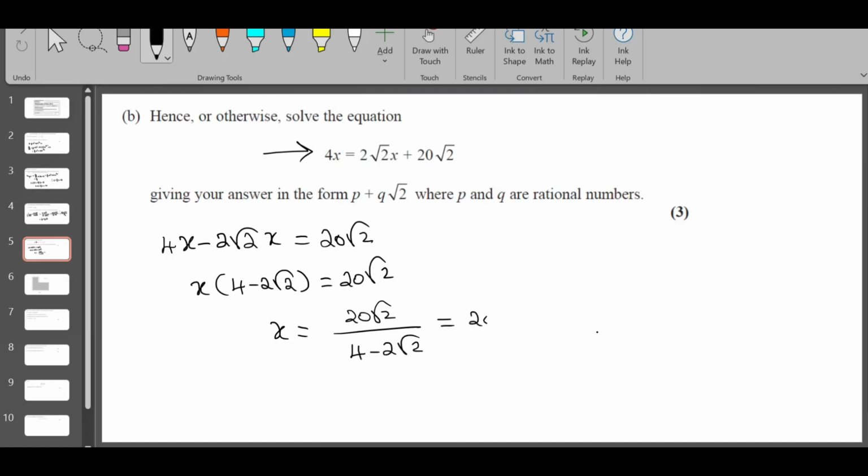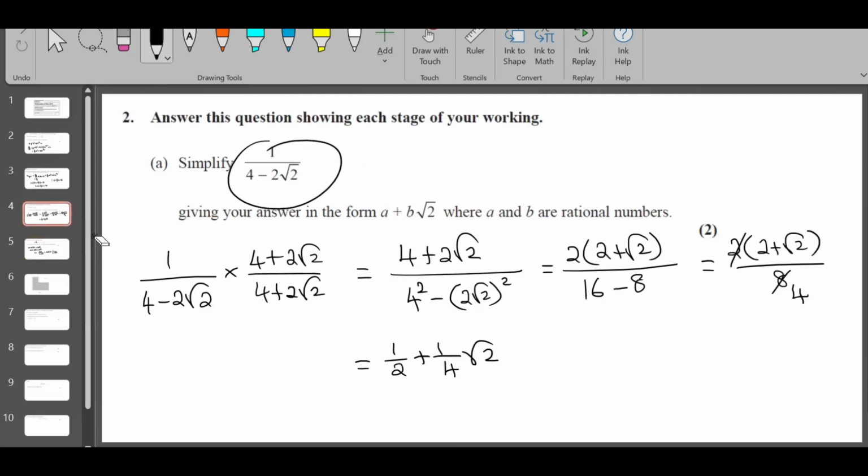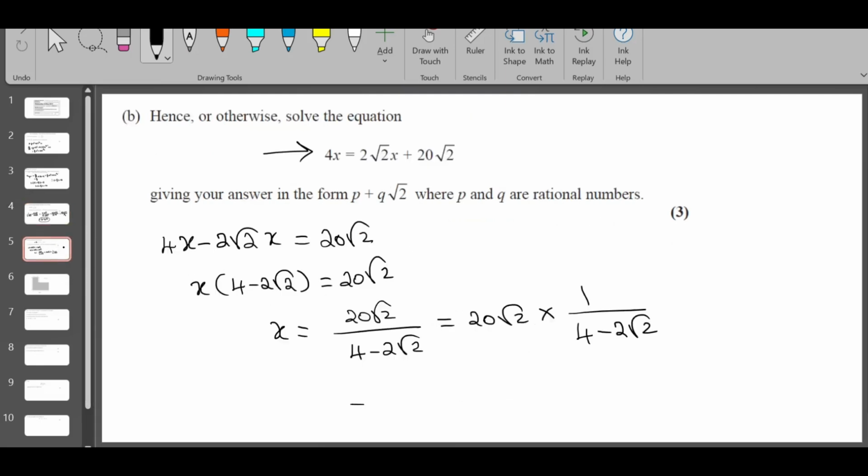This is where I'm going to write it this way. 1 over 4 minus 2 root 2. And here I can use the answer from part A, because that's what is given in part A, right? And we have written in this format. So I'm going to use this, half plus 1 over 4 root 2. So you can write it as 20 root 2 times half plus 1 over 4 root 2.